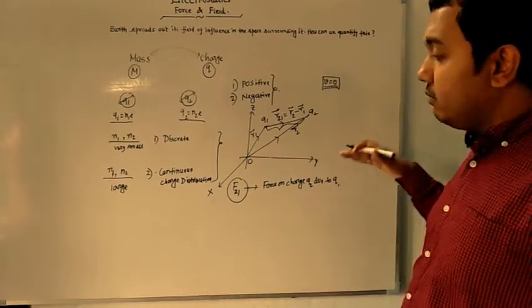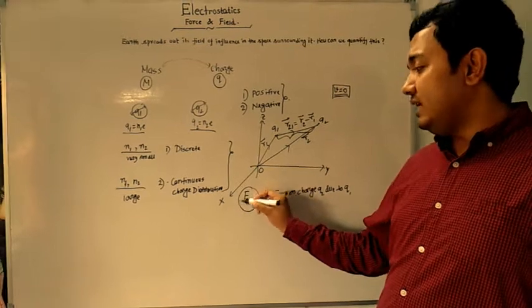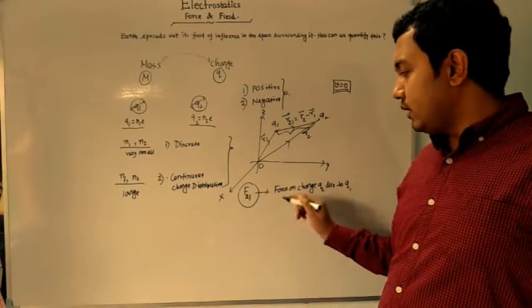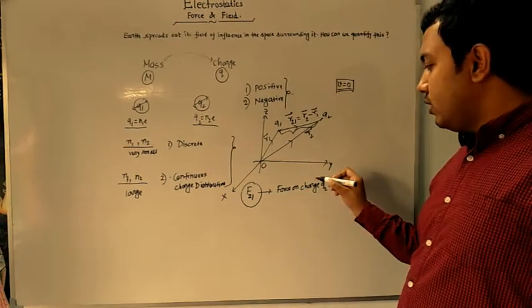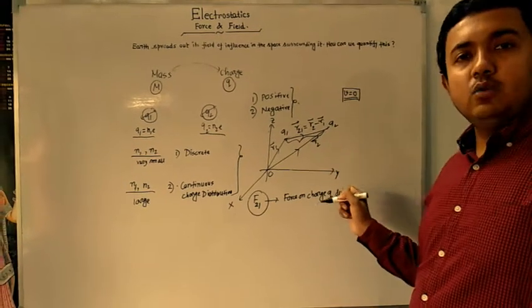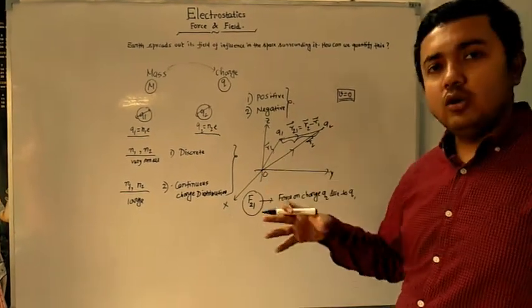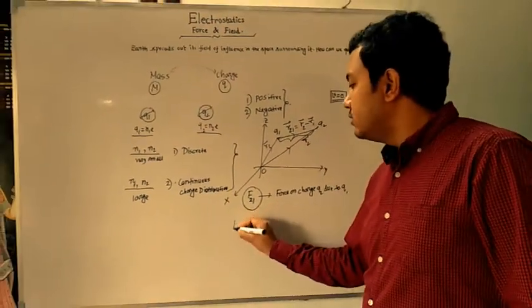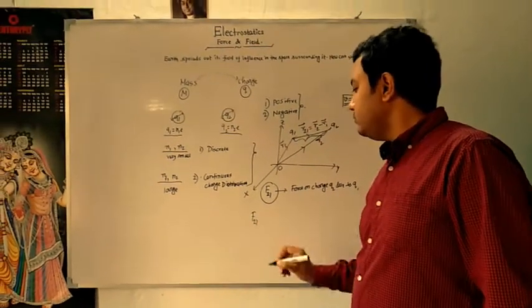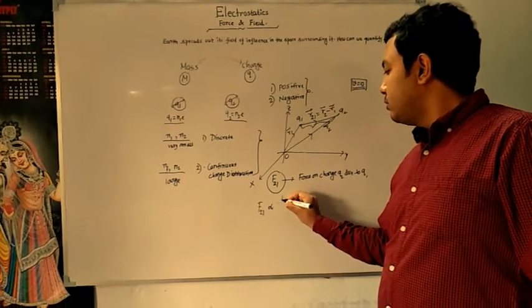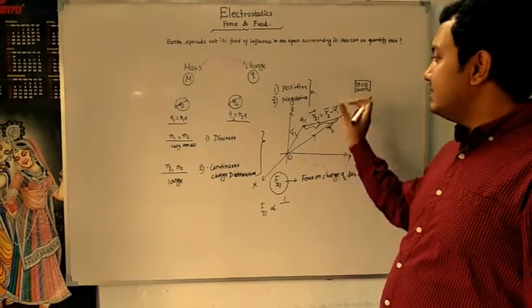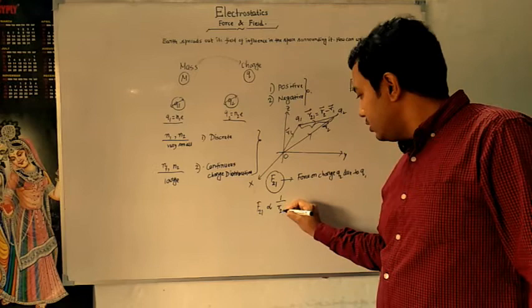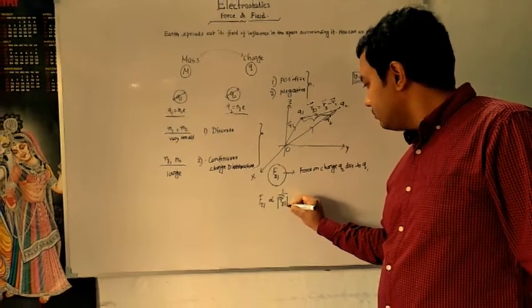So this is a convention to write the force as F21, which expresses the force on charge Q2 due to Q1. Coulomb force, we all know, is an inverse square law force. Hence, the force is proportional to 1 by distance squared, so R21 squared.